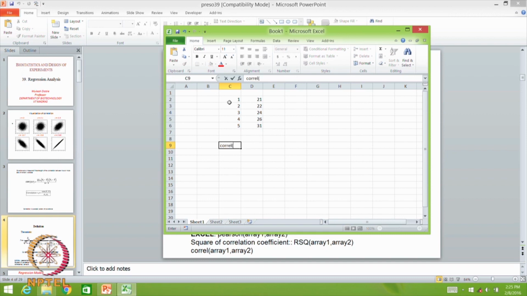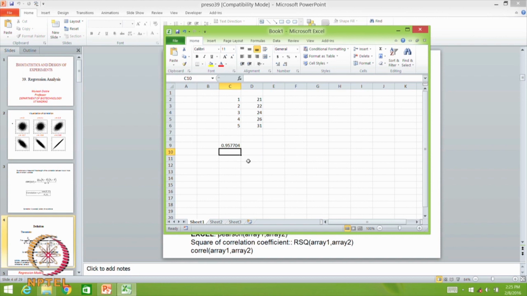CORREL, it is called, this comma this. So, the correlation coefficient is 0.95.